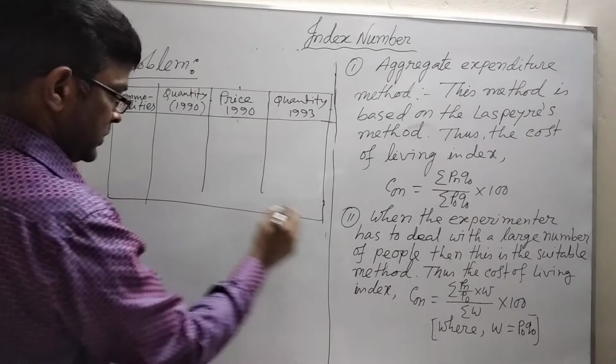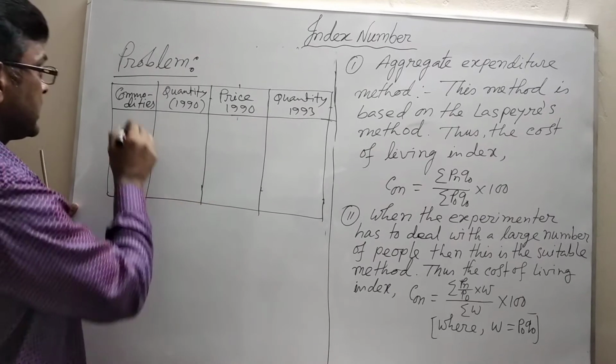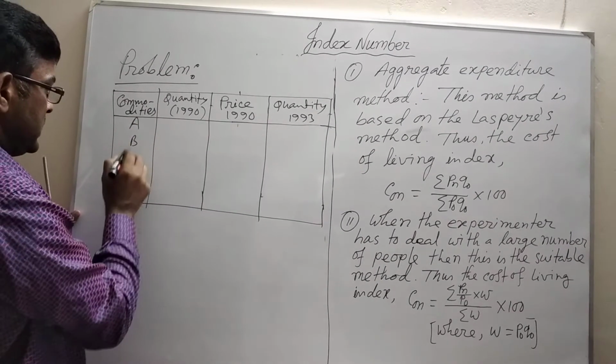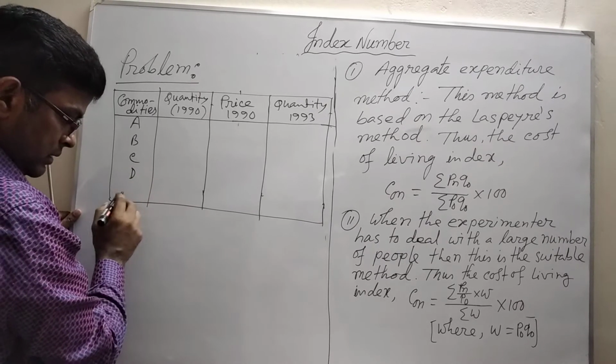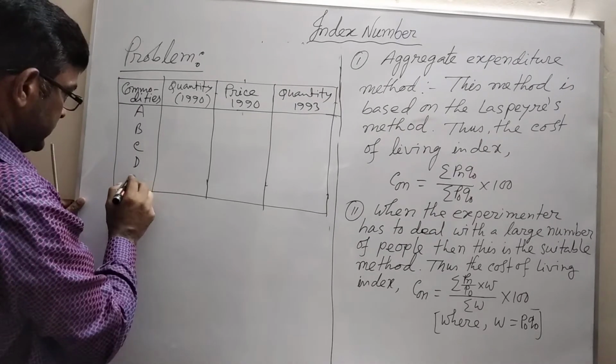There are 5 commodities such as A, B, C, D, E.